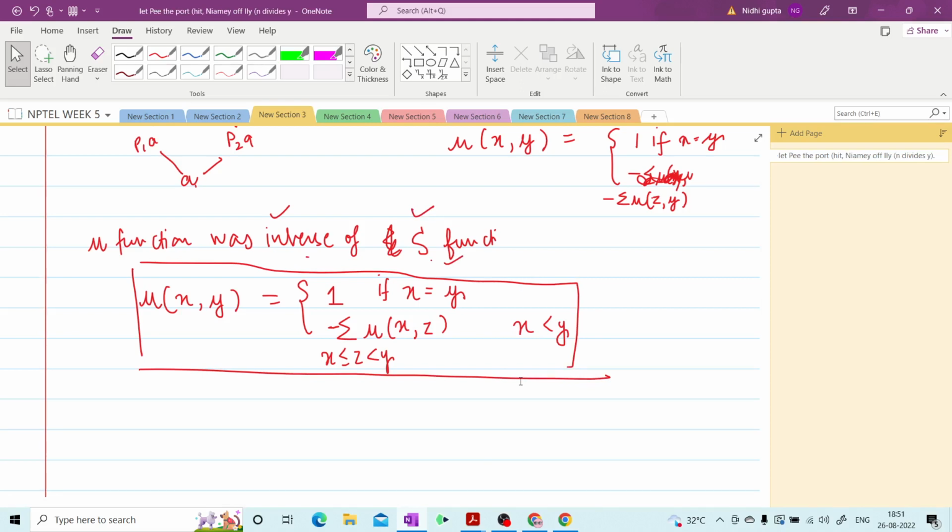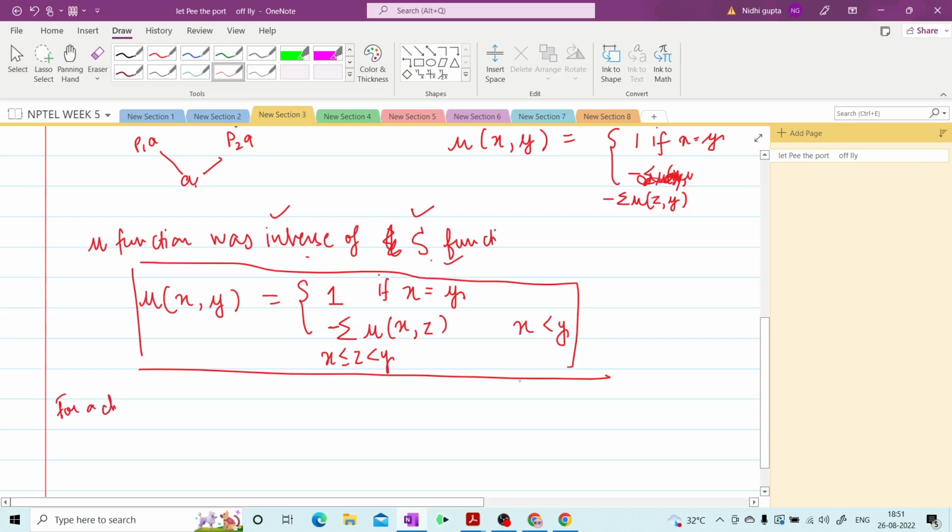Now if we have this formula, then for a chain of this type, you have 0, 1 till n. This is your n chain, with n plus 1 elements.